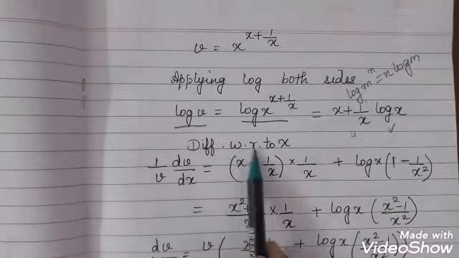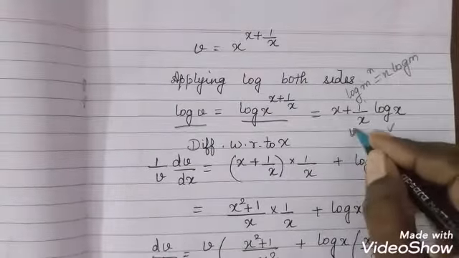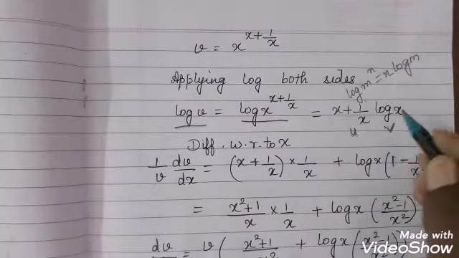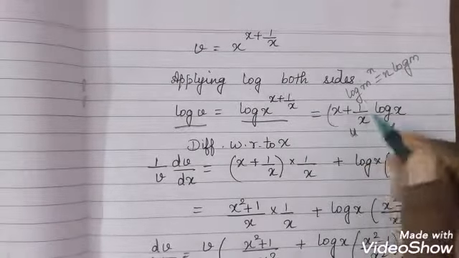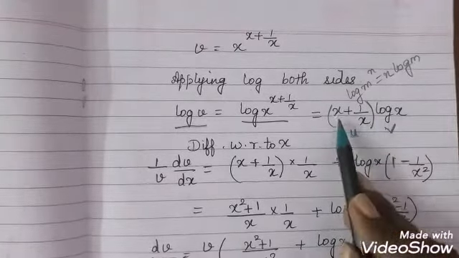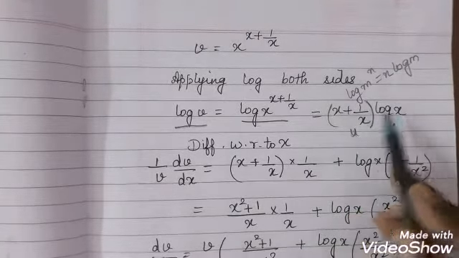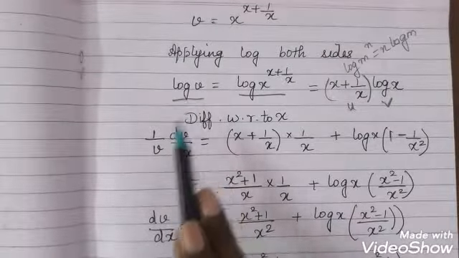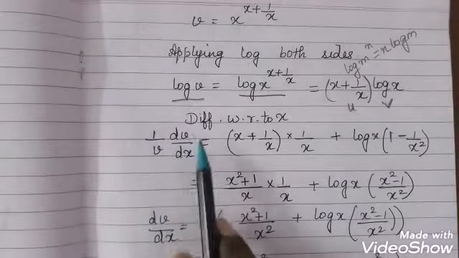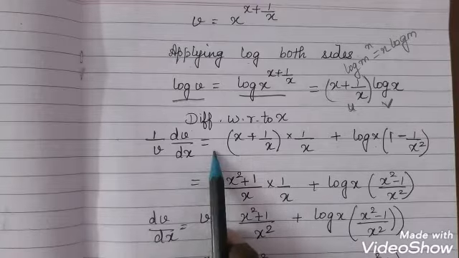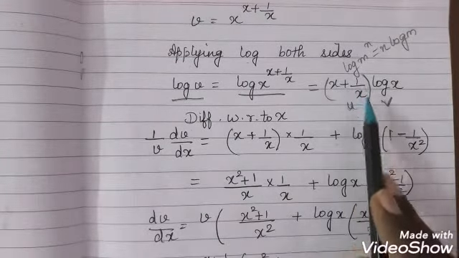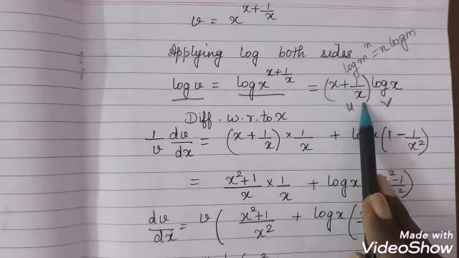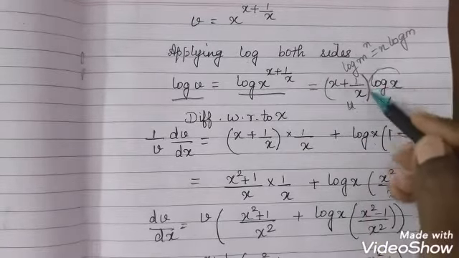Now differentiating it with respect to x. So differentiating it with respect to x, what will you get here? This is nothing but u and this is nothing but v here, because you have it as (x + 1/x) into log x. Two different functions you have. So when I differentiate it, log v is what? 1/v into dv/dx is equal to (x + 1/x) into differentiation of log x.